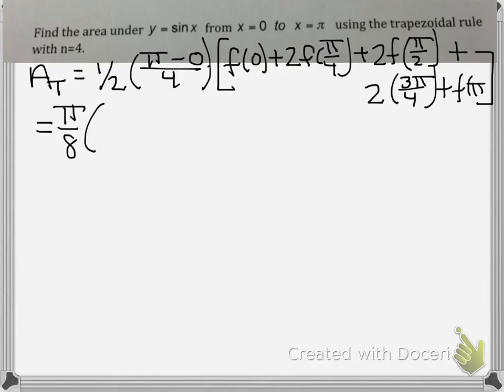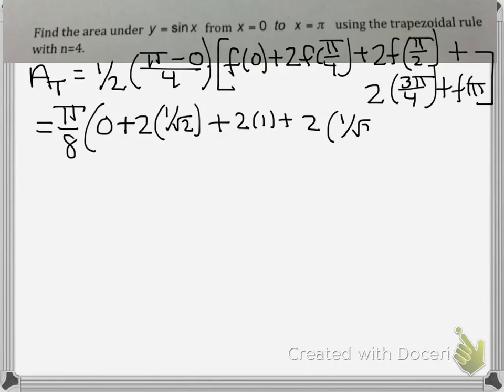f of 0. Hey, what's the sine of 0? That's 0. Plus 2 times f of pi over 4. What's the sine of pi over 4? That's 1 over root 2. Plus, what's the sine of pi over 2? 1. So that's 2 times 1, plus 2 times sine of 3 pi over 4, which is also 1 over root 2.